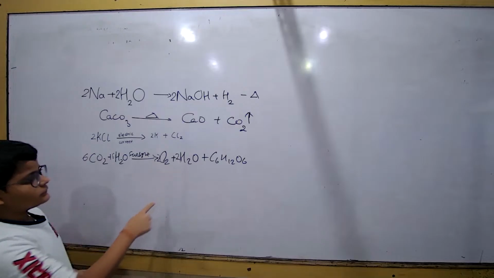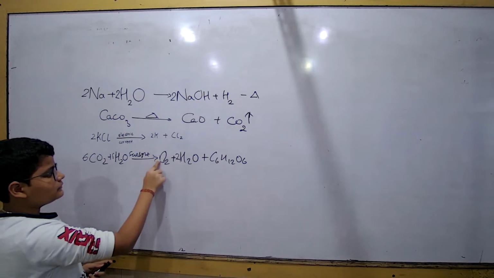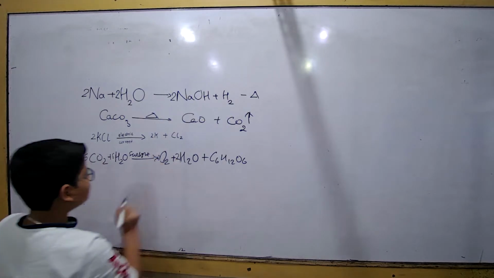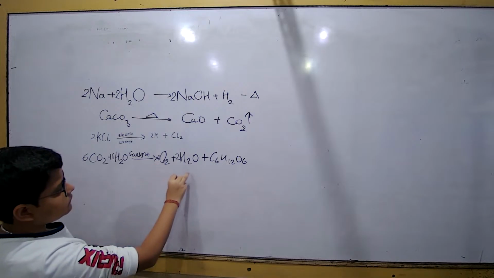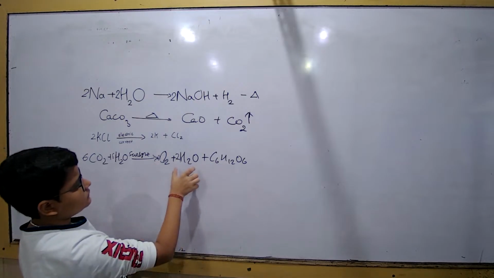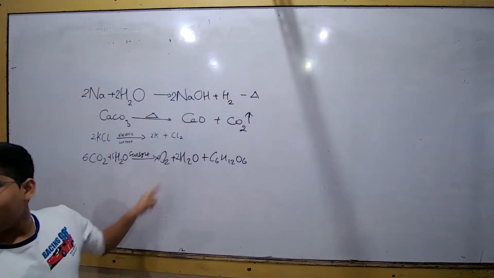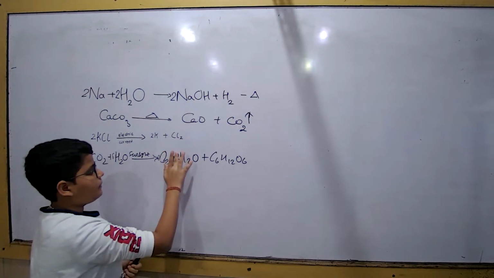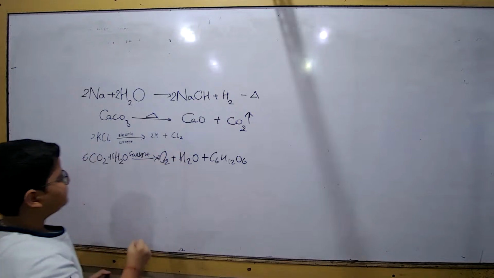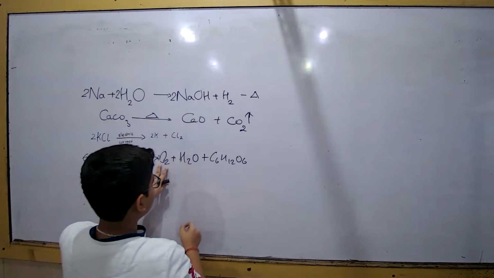That is 6. Okay, 6 oxygen. Correct. 6 twos are 12. And 13, 13 and 6 is 19. And here I want this, 6, 12, 18. Check. Can I check it? Okay.